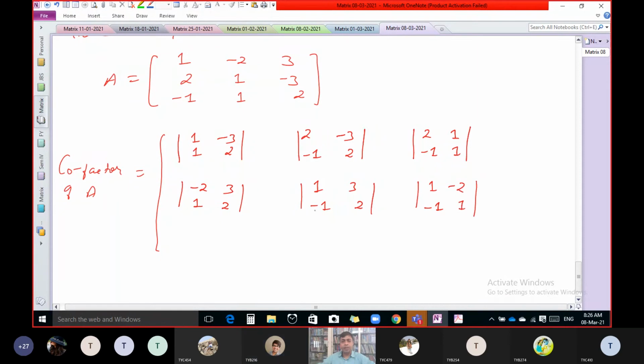Perfect. Third row, first element: minus 2, 3, 1, minus 3. Correct. Next: 1, 3, 2, minus 3. And the last one: 1 minus 2, 2, 1. Correct. Now, before doing the calculation, change the sign for 4 elements. Here you have to write minus, minus, minus, and minus.